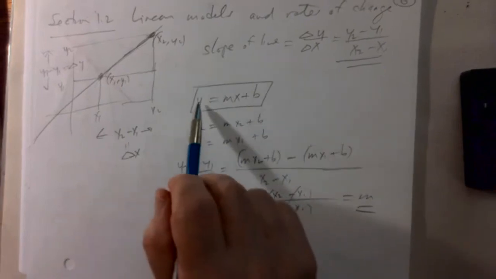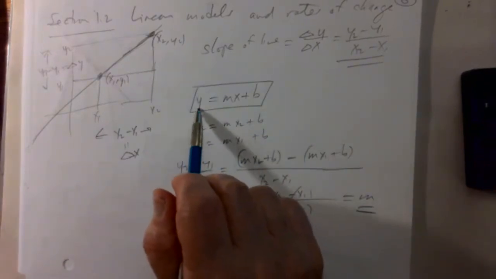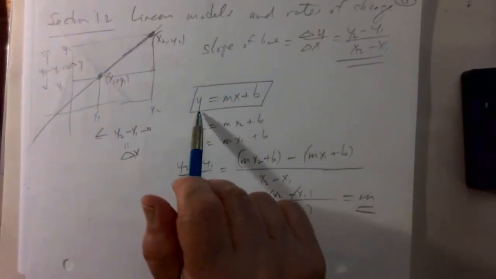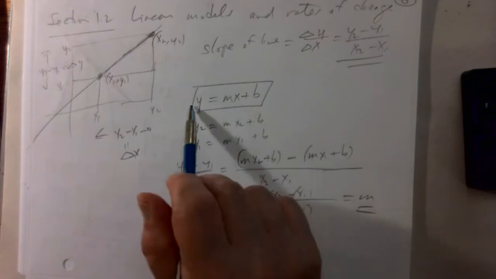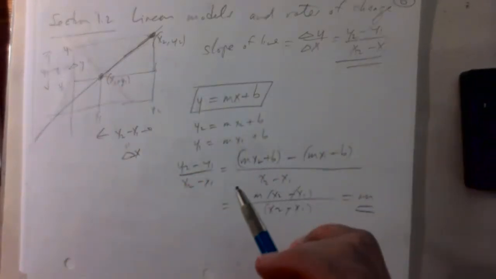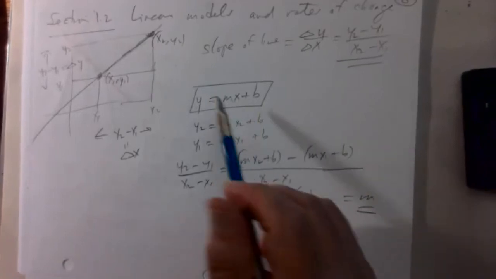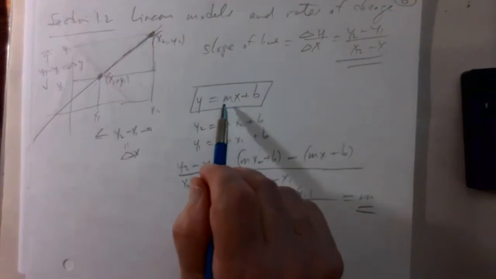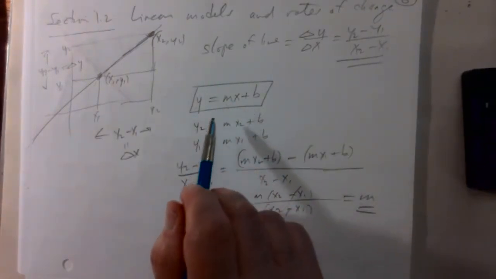So if you take a straight line, or you take the equation y equals mx plus b, and take any points x1 and x2 and calculate the y1 and y2 that correspond to them, the slope doesn't depend on the points you choose. It's always equal to m. That's why we call this number m in this equation the slope of the line.